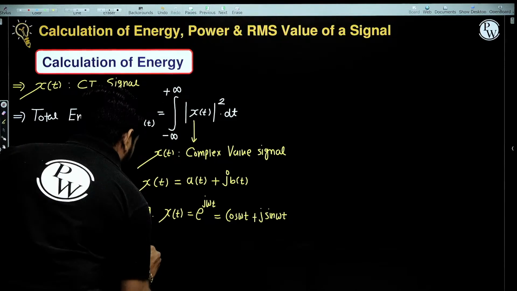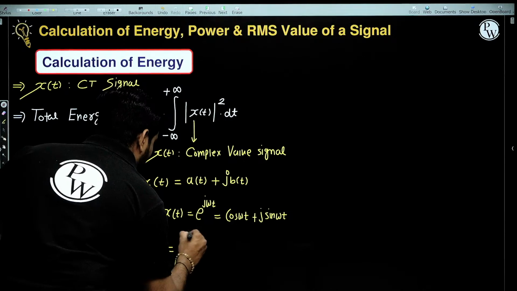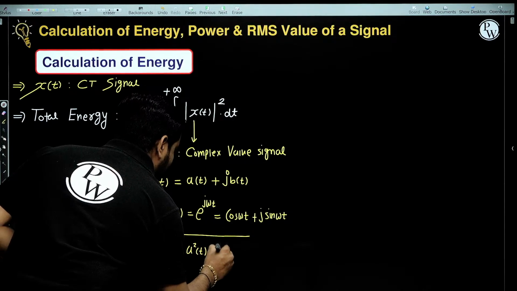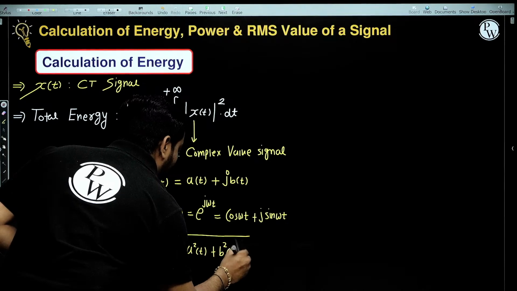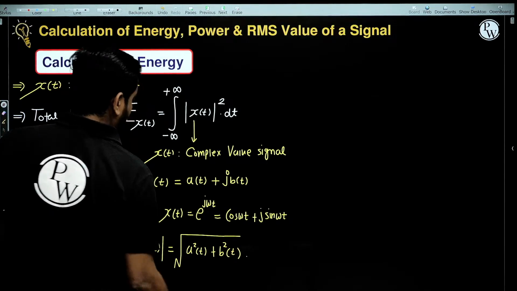And how to calculate the magnitude, guys? Magnitude is nothing but square root of real part square plus imaginary part square. This is the formula to calculate the magnitude of a complex value signal.